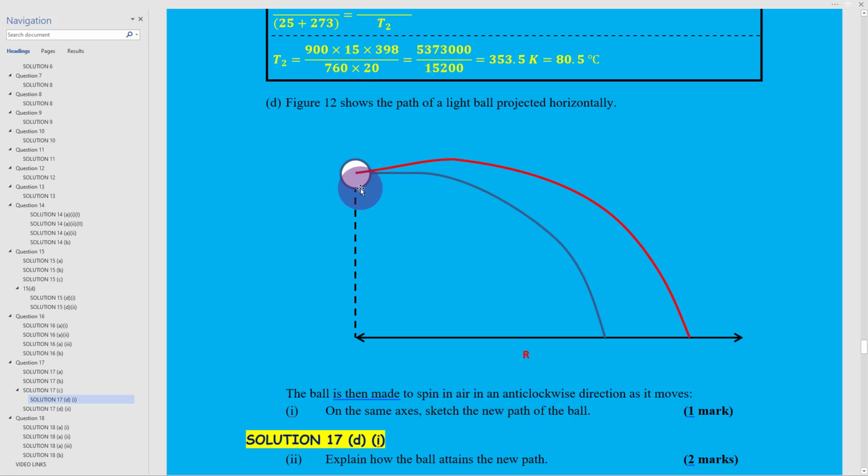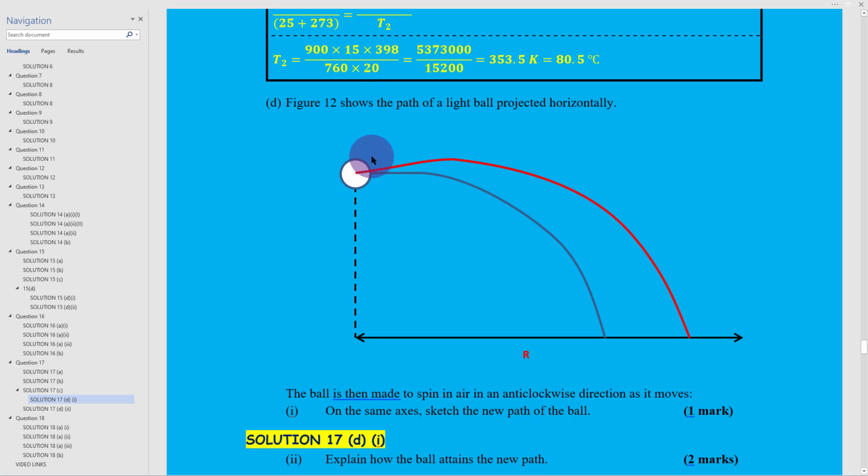You find that here the streamlines will be in a direction which is in opposition to the rotation of the ball. So here the speed of the streamlines is going to be reduced, but here the speed of the streamlines is going to be enhanced because the ball is rotating in the same direction as the streamlines.